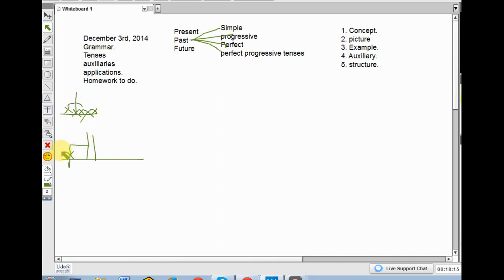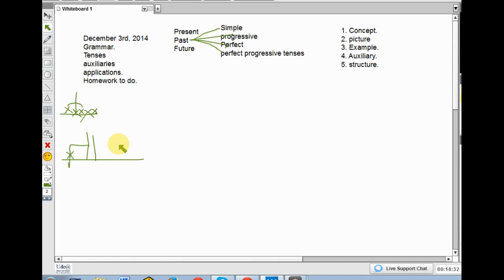Had you studied English before you entered the university? Had you worked before you entered the university? What is the auxiliary? The auxiliary is had, H-A-D. What is the structure? Subject plus had plus verb in past participle plus complement.